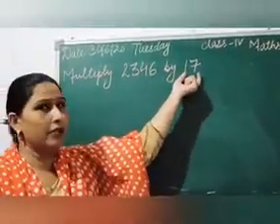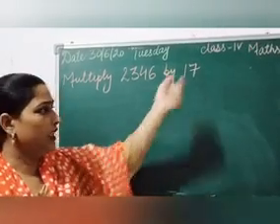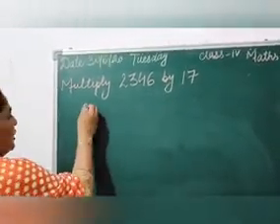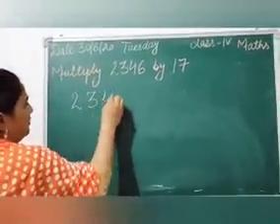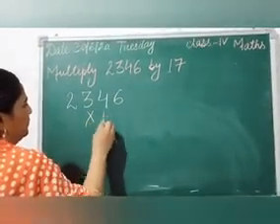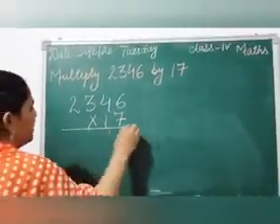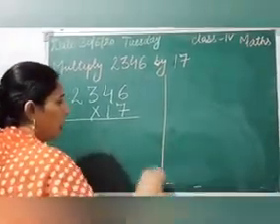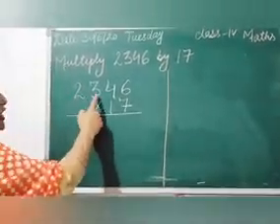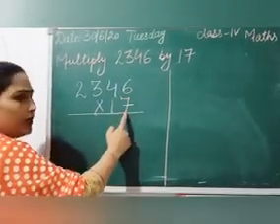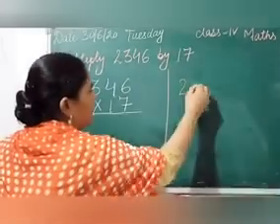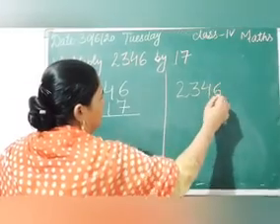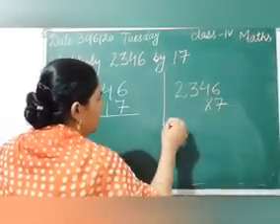How to do this multiplication with 2 digits? Firstly we will write the statement like this. You can do this calculation in your rough work. Firstly 2346 will be multiplied by 7.